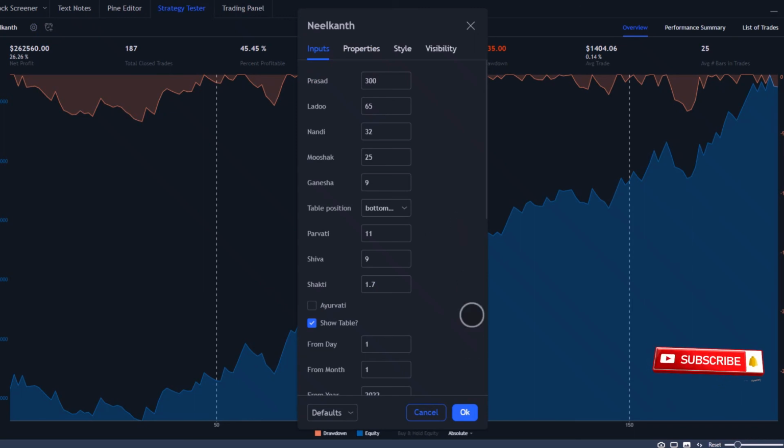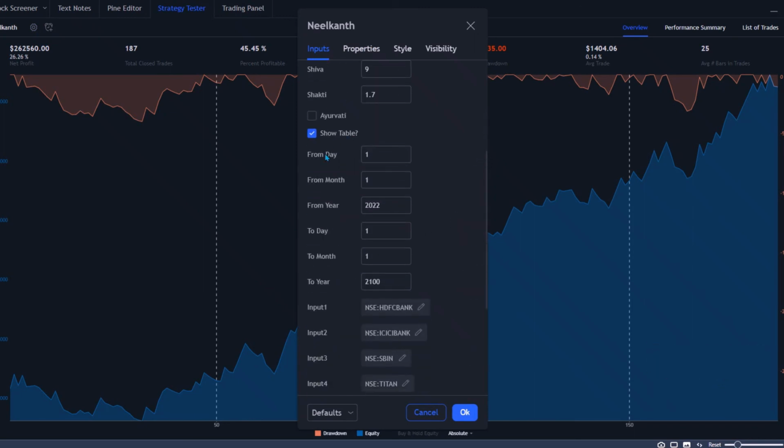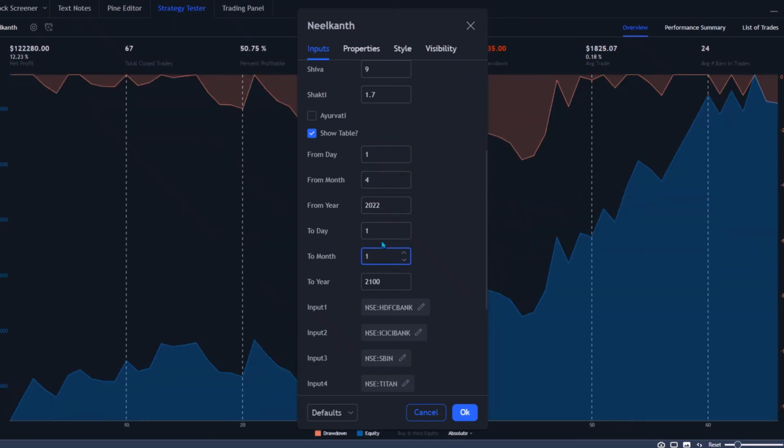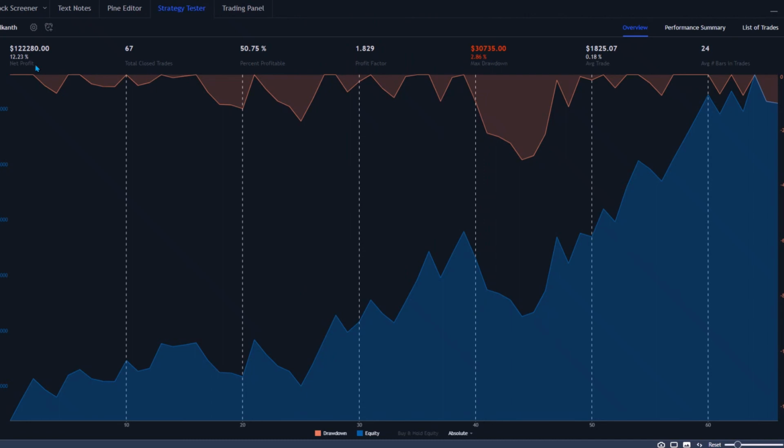So I've given that provision where you can say start of month 4, and you can leave the end till infinite, right? So from April onwards, you can see the strategy has given 67 signals, half of which are good or profitable signals, and it has made around a lakh rupees. It went into a 30,000 drawdown as well. You can see this sharp dip here.